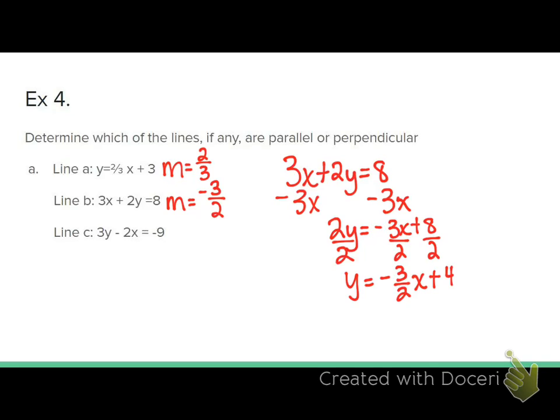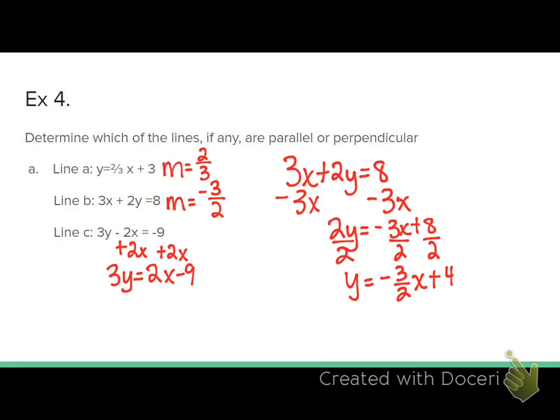Okay, let's find the slope of the last line. We need to get y alone again. First step to do that is adding 2x, so we get rid of the 2x. 3y equals 2x minus 9. Good.